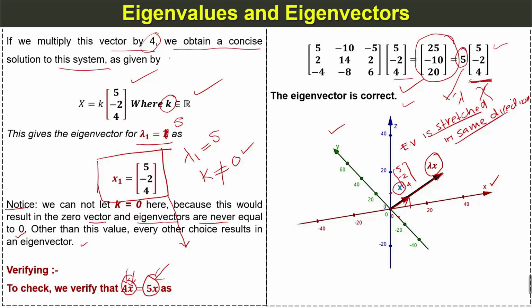So here we multiply the eigenvector with the eigenvalue, that is lambda, and the eigenvector is stretched in the same direction. Okay, so let's find other eigenvectors corresponding to other eigenvalues.